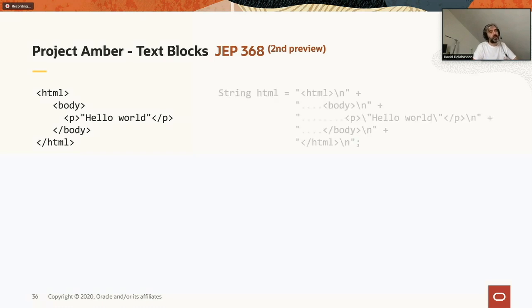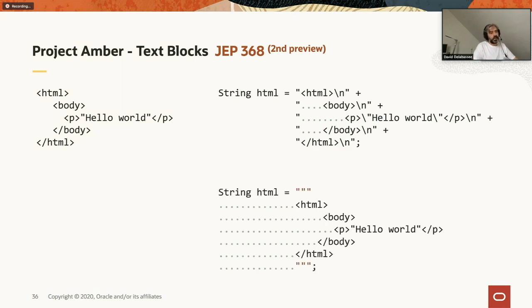Typically, you would do something in your code. With text blocks, you can now do that. You basically keep the syntax as it is. You don't have to escape anything. This is very convenient for dealing with XML, JSON, YAML, SQL, and so on. But again, we will see that in a demo in a minute.